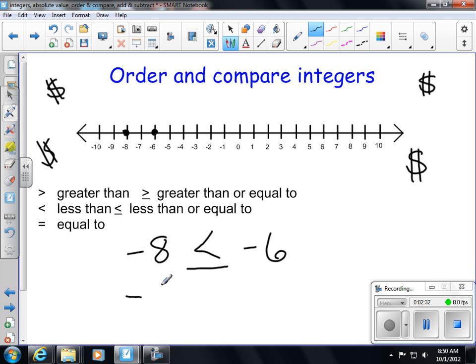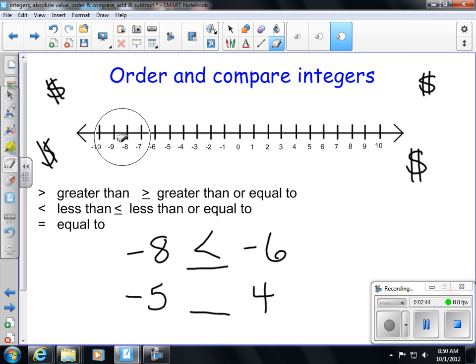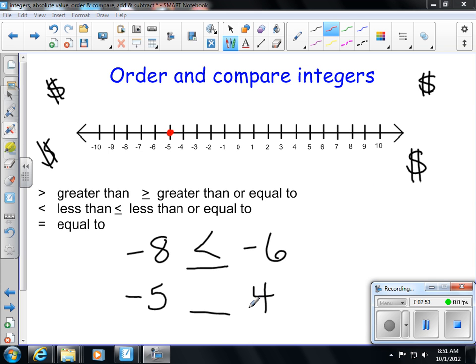Okay, let's do -5 compared to 4. Okay, I'm comparing a -5, which is here. Okay, then let's plot 4, which is on this side.